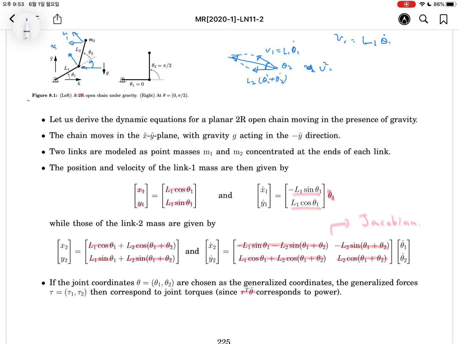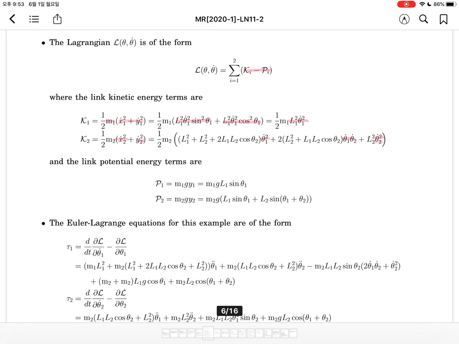Then v squared will be L1 squared zeta 1 dot squared, plus L2 squared (zeta 1 dot plus zeta 2 dot) squared, plus 2 L1 L2 (zeta 1 dot plus zeta 2 dot) cosine zeta 2. If you take the square root, you can get the magnitude of v. So these terms can be used here.